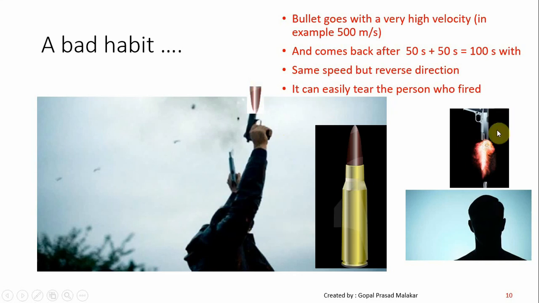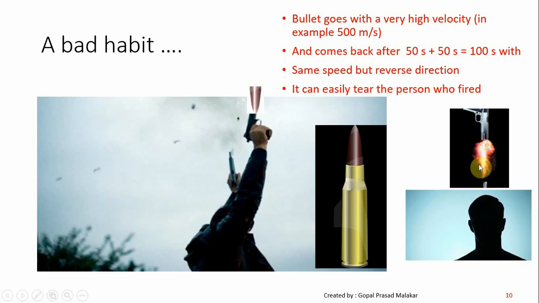It is as good as, because when the bullet went out of this gun, it started with a speed of 500 meters per second, and when it came down, by the time it reached here, it gained the speed of 500 meters per second.